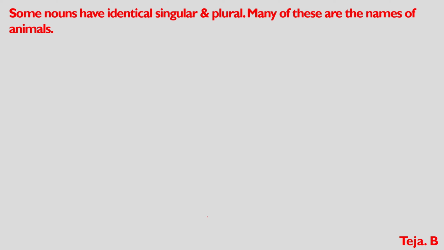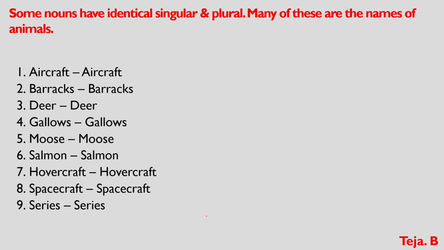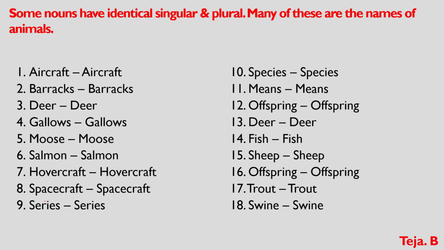For example, school, schools, box, boxes, pen, pens, pencil, pencils, bottle, bottles. Most nouns in the English language can be made plural by using s or es, but it doesn't happen in every context, right? See here certain nouns. An aircraft: the plural of aircraft is not aircrafts. Certain nouns have the same singular and plural.